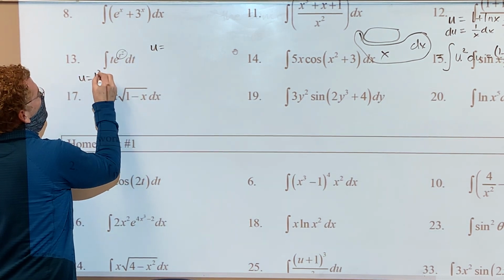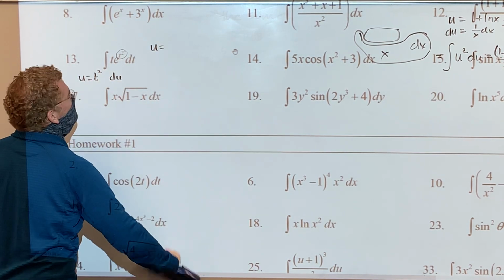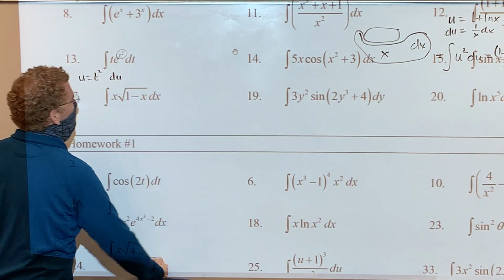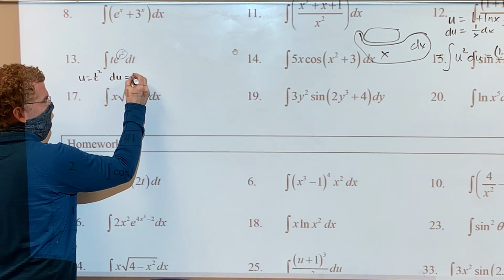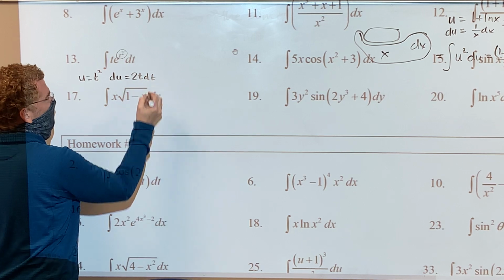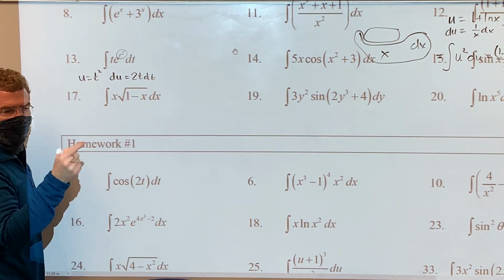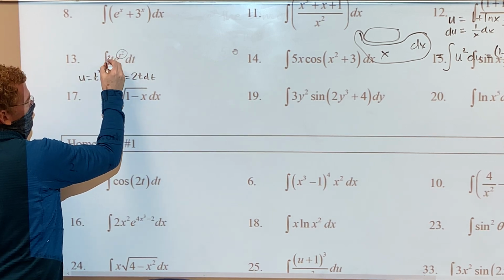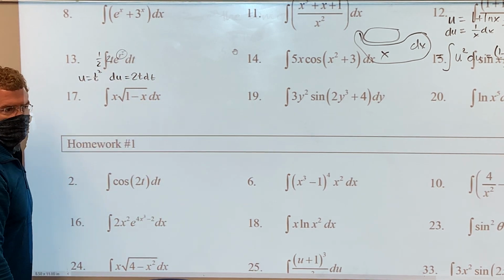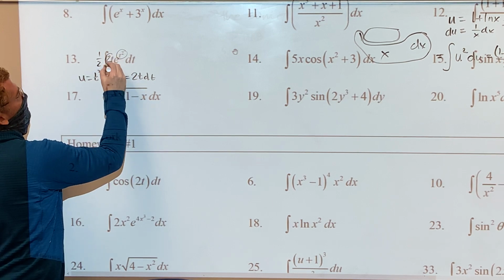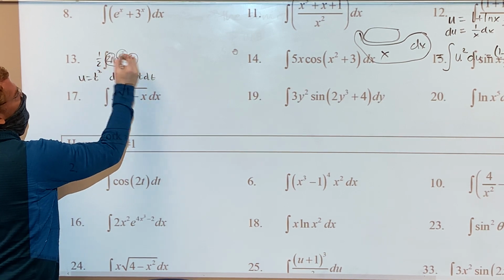So if u is t squared, what is du? 2t dt? Do I have a 2t dt? Not yet, but I can fix that, right? With a 2 and a 1/2. And then again, I'm circling the 2t dt.